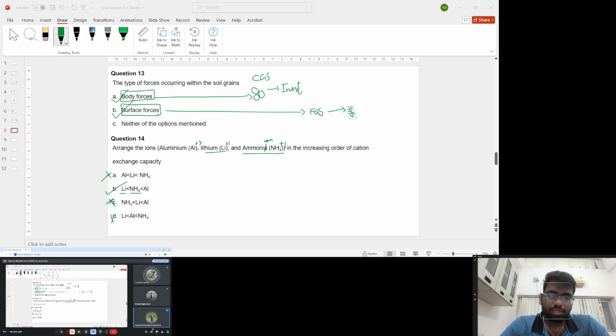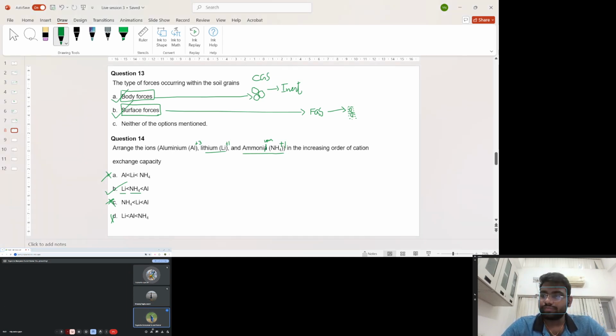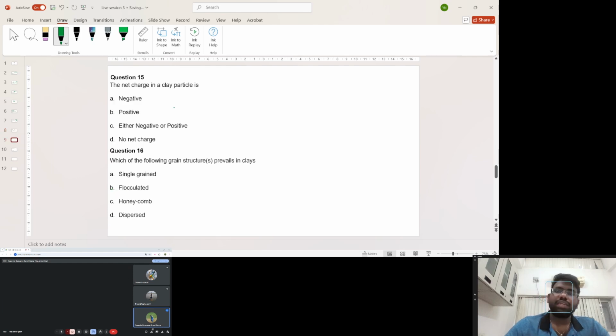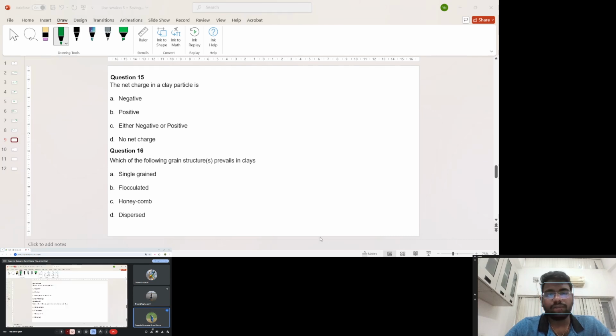Now coming to the next question. The net charge in a clay particle: what is the net charge in a clay particle?